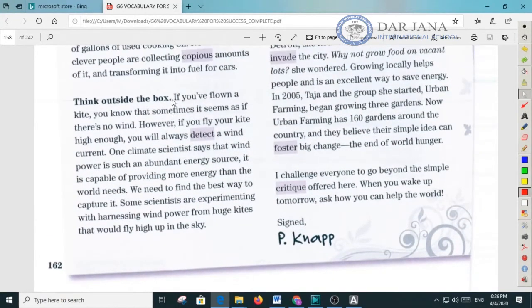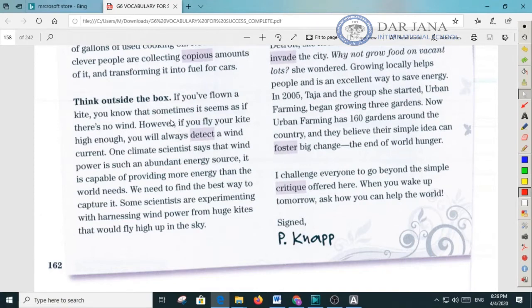Think outside the box. If you have thrown a kite, you know that sometimes it seems as if there's no wind. However, if you fly your kite high enough, you will always detect a wind current. Now, what's the meaning of detect?